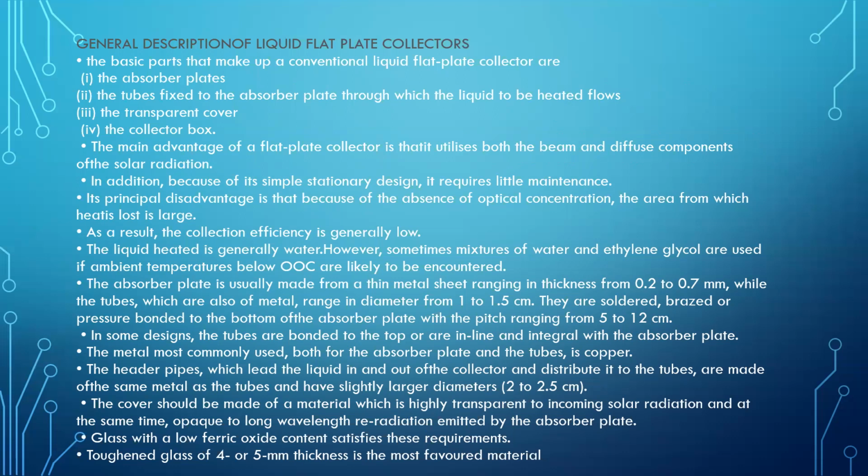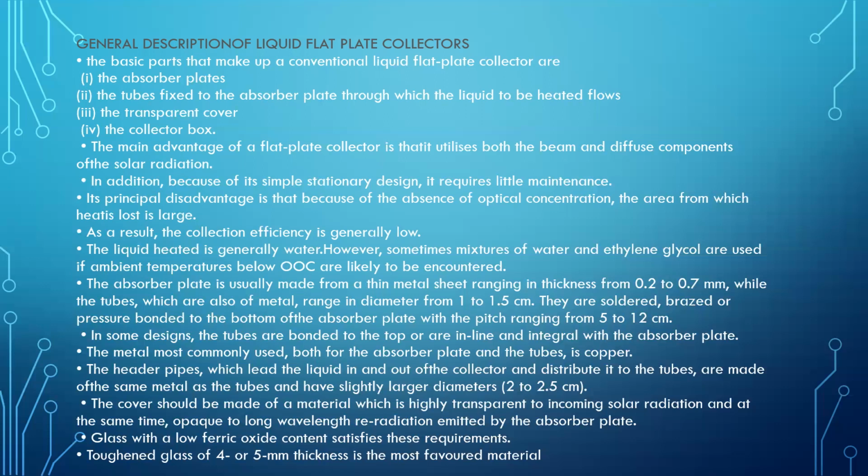The main advantage of the flat plate collector is that it utilizes both the beam and the diffuse components of solar radiation. In addition, because of its simple stationary design, it requires little maintenance. Its principal disadvantage is that, because of the absence of optical concentration, the area from which heat is lost is large.